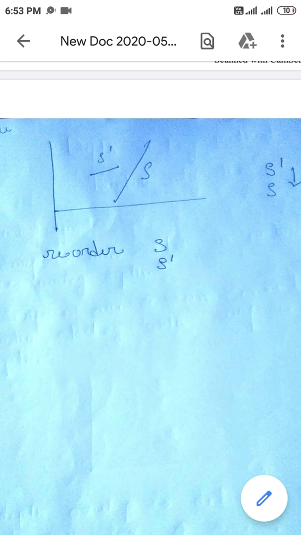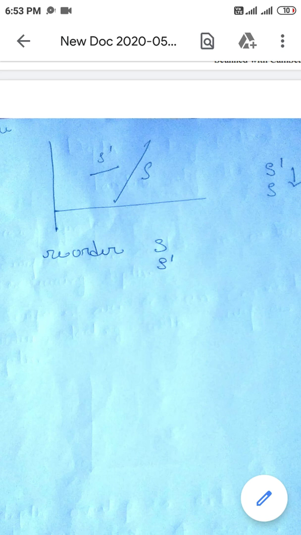And as well as S's outside portion is viewable, but it is not completely in front of S dash. So here test 1, test 2, test 3 and test 4 all fail.